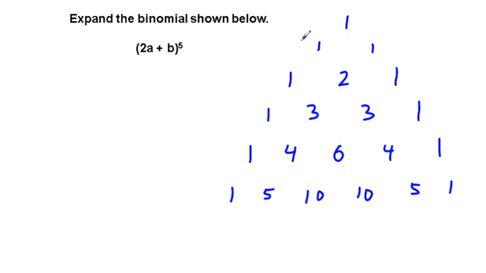And this would be the fifth row. This would be to the first power, second, third, fourth, fifth. And that's pretty easy to do, just writing out the triangle like this.